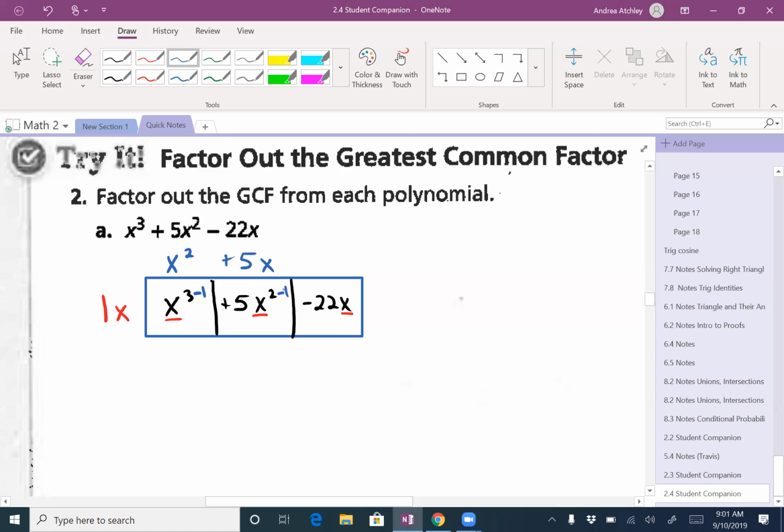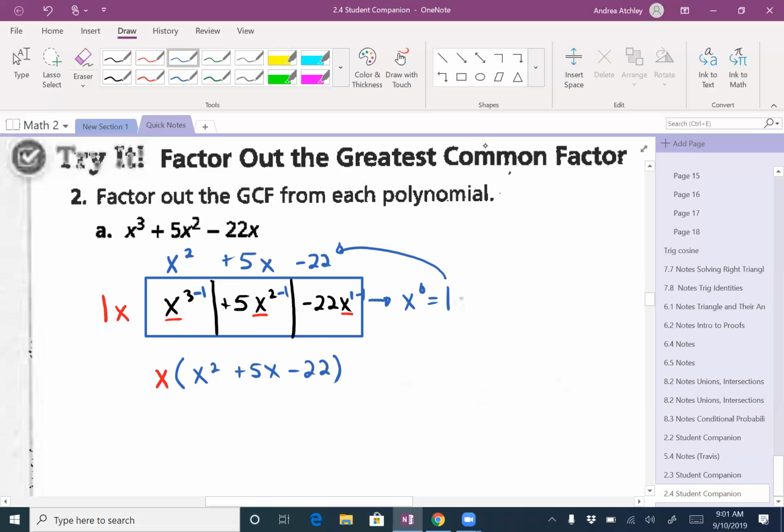Negative 22 divided by 1 is negative 22. I have 1 minus 1, which gives me x to the 0 power, which is 1, and then 1 times negative 22 is just negative 22. So my factors are just x times x squared plus 5x minus 22.